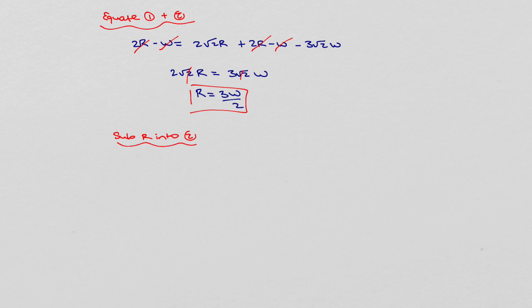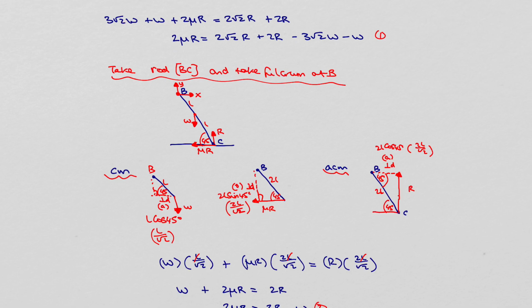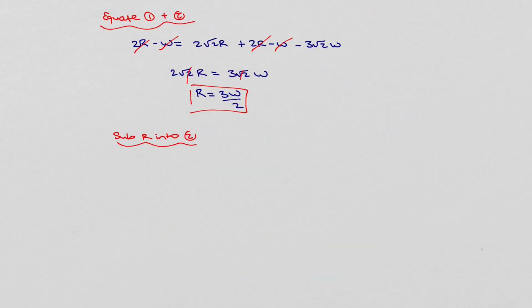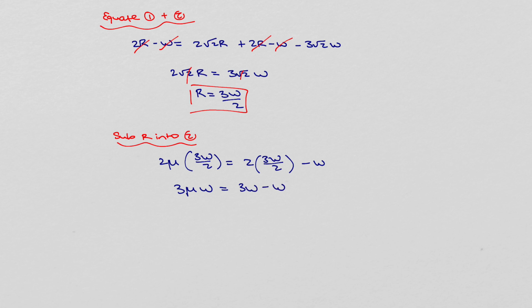By subbing R into 2, we end up with 2 mu R is equal to 2R minus W. So that's going to be 3 mu W is equal to 3W minus W. So 3 mu W equals 2W, and therefore mu is equal to 2 over 3.